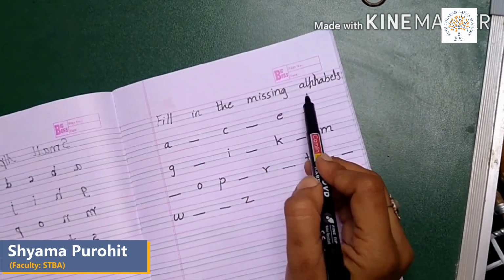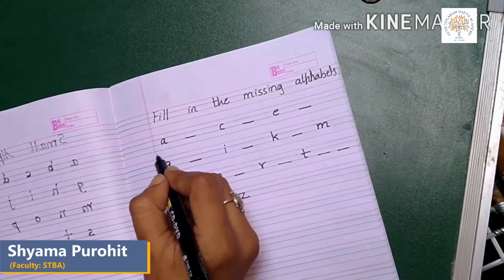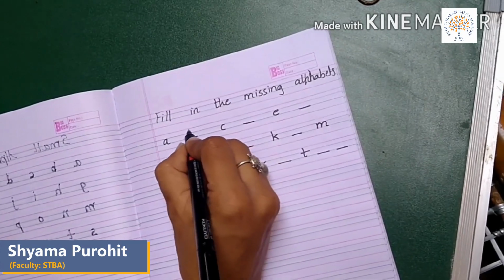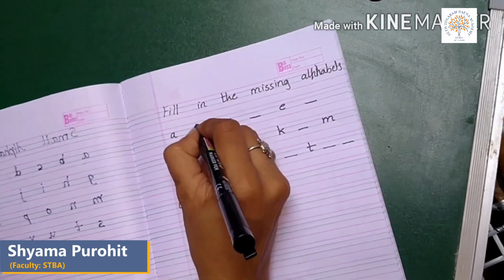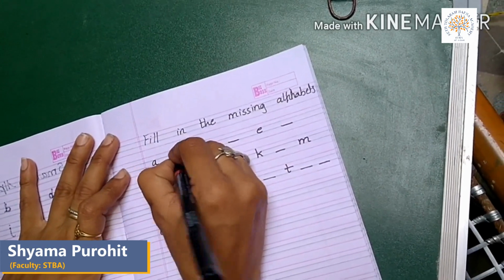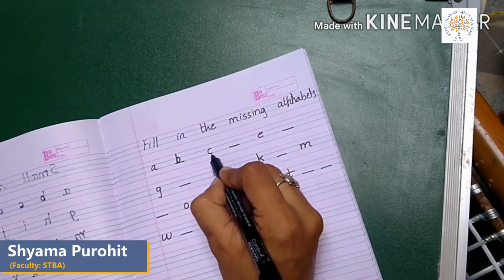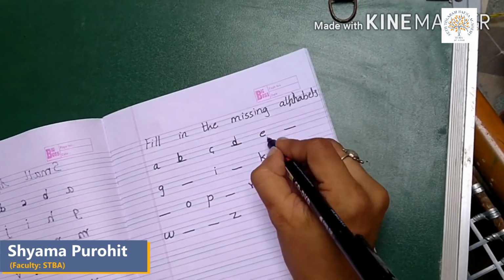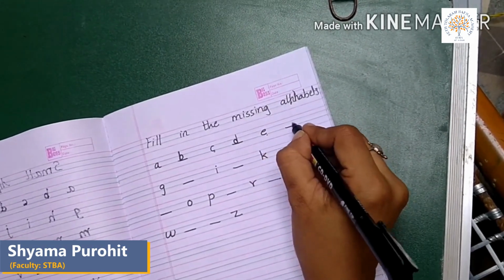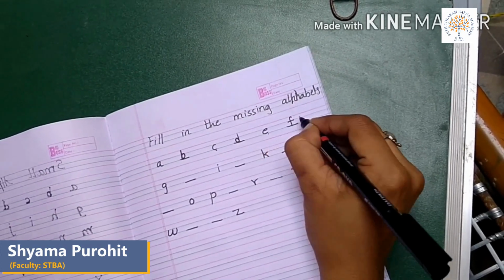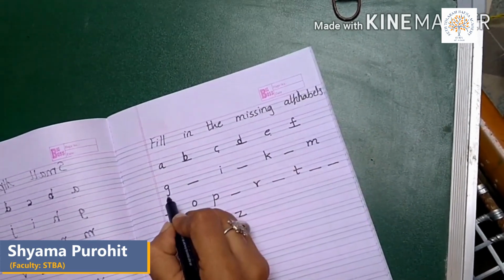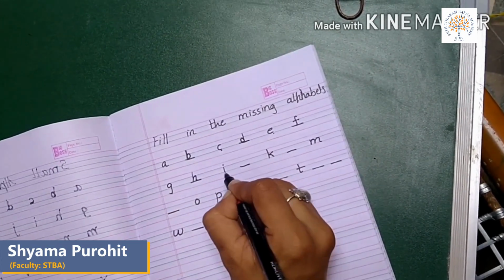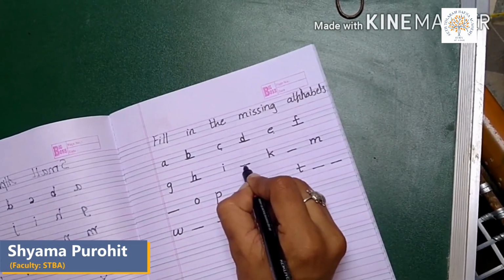We have to fill the missing alphabets. Now, A. What will come after A? B. C. What will come after C? D. E. What will come after E? F. G. What will come after G? H. I. What will come after I?